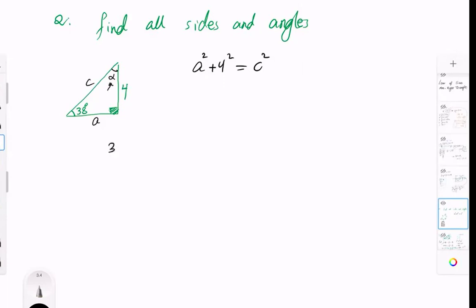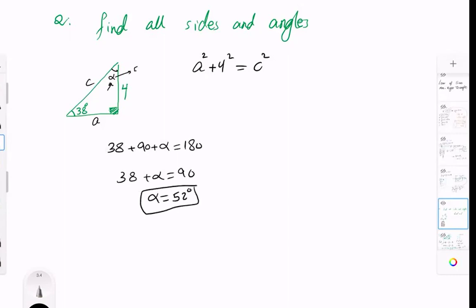Yeah. 38 plus 90 plus alpha equal to 180. 38 plus alpha equal to 90. Alpha will be 62. 62 or 52? 52. 52 degrees. So we solve for alpha is 52 degrees.